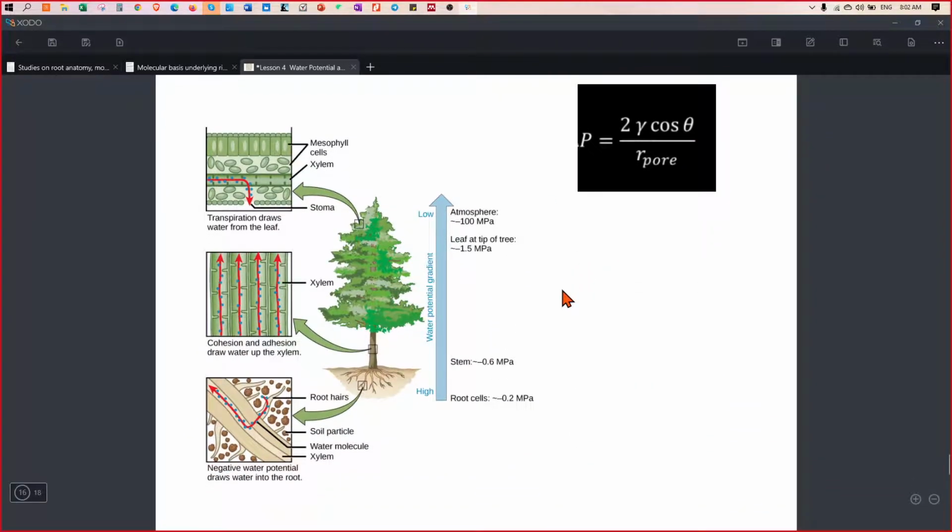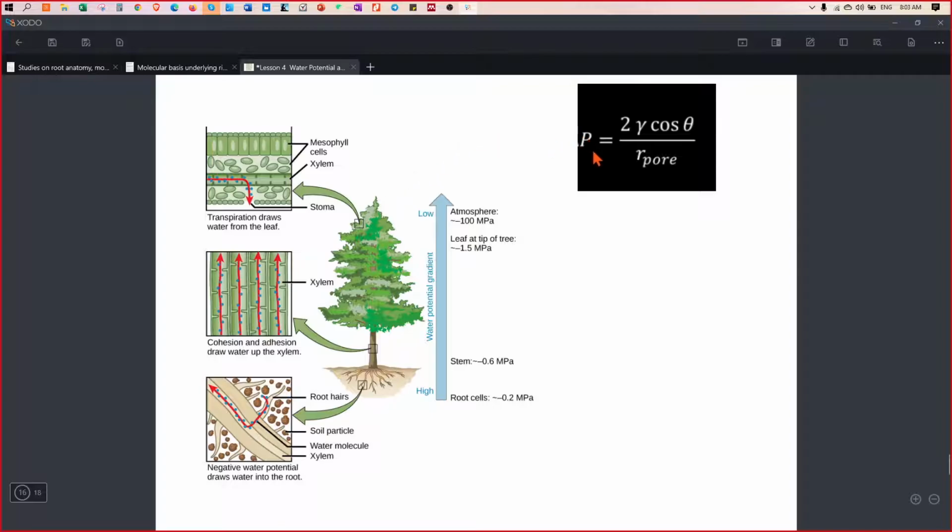Okay. And secondly, what about the pressure? The pressure that you need to ensure that this water can move upward. The water can keep on moving upward if nothing is stopping it. So there is a formula that you can use to quantify the pressure needed to stop the water from traveling upwards.